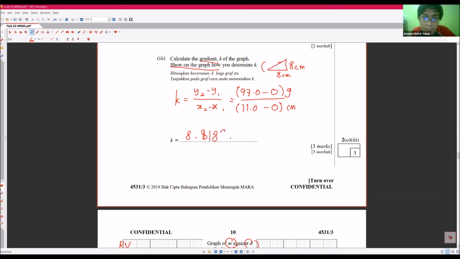Go for one decimal place and don't forget the units. Okay. So 3 marks here. Make sure it meets the minimum requirement. Number 2 is this one over, and number 3 is this one with the correct unit.